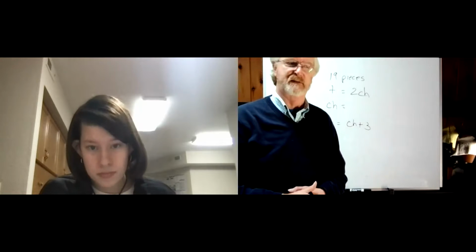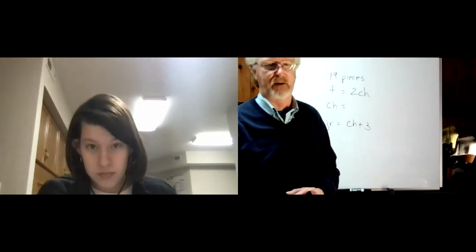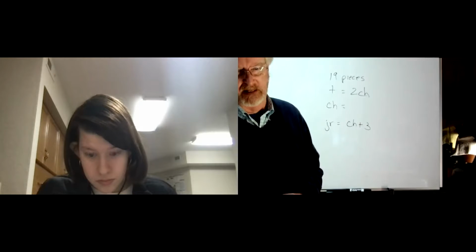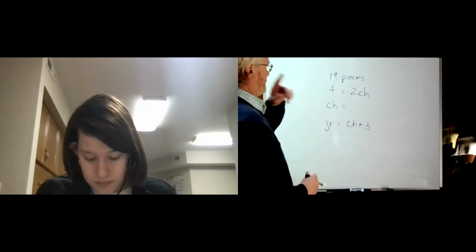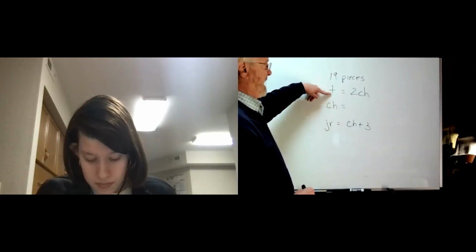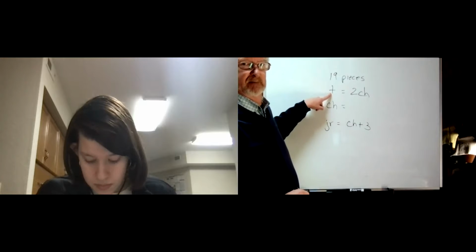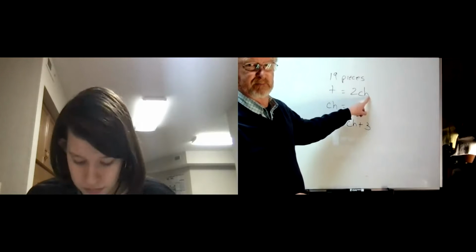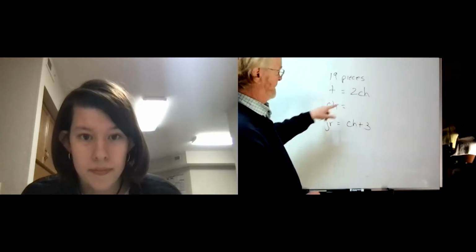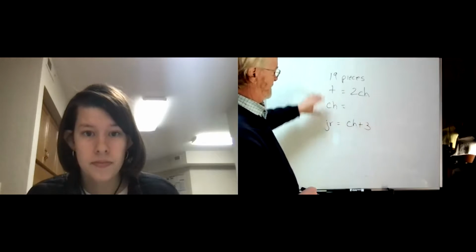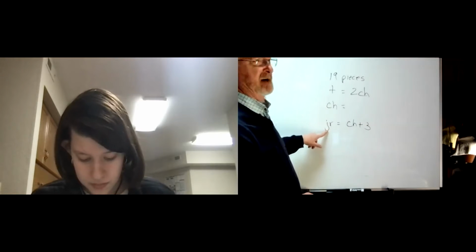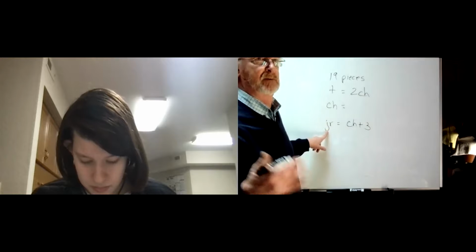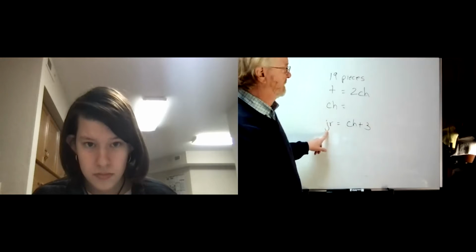This word problem is trying to get you to write an equation and then figure out how many pieces of candy. Let's say the amount of toffee is twice the amount of chocolate. Notice the toffees and the Jolly Ranchers are described in terms of the chocolate.